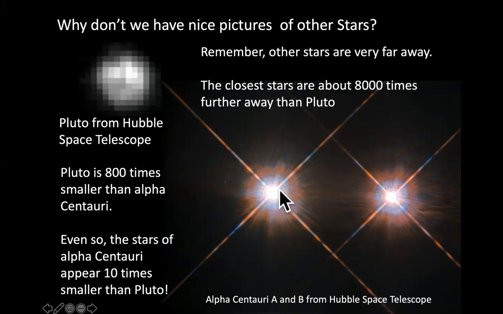So that means that Pluto is 10 times larger on the sky compared to Alpha Centauri. So to us, the image of Pluto is 10 times bigger than the image of Alpha Centauri. So if this is what Hubble can see for Pluto, we're now talking about a single pixel for Alpha Centauri.